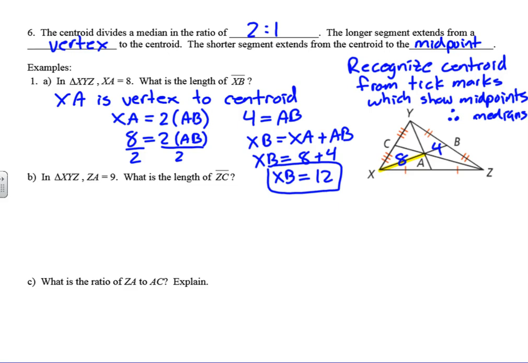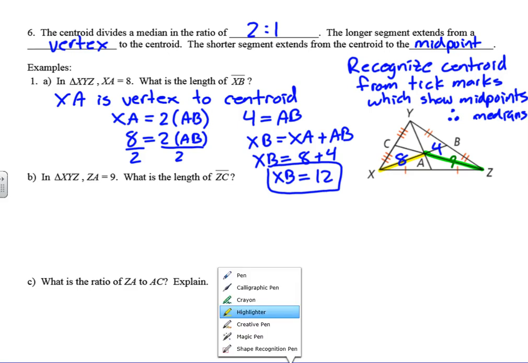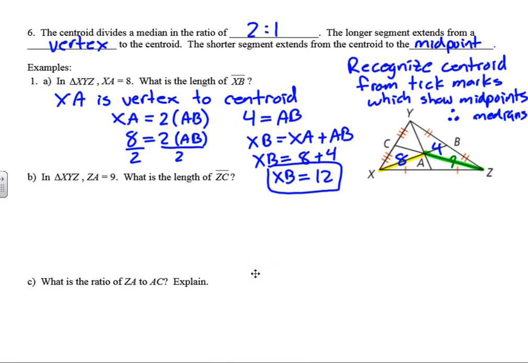Now, question part B here. ZA is 9. Okay, so that's ZA over here. I'll use a little different highlighter color. ZA is 9. What is the length of ZC? Okay, so again, we've already established that this is the midpoint. Well, ZA equals twice AC.